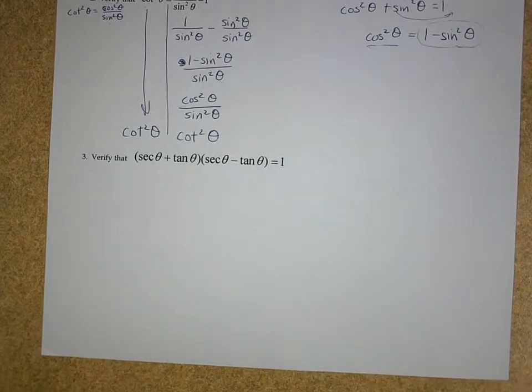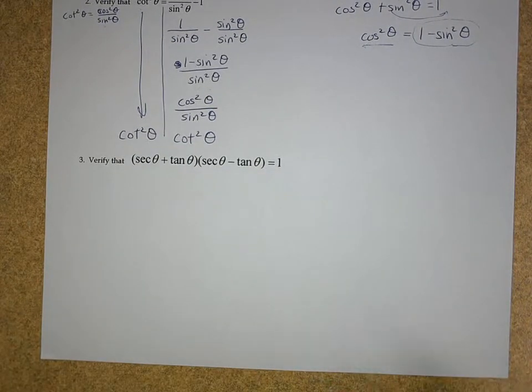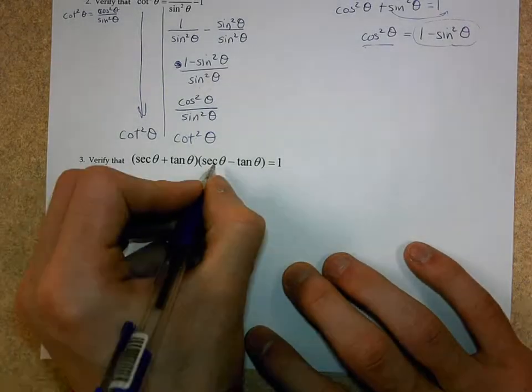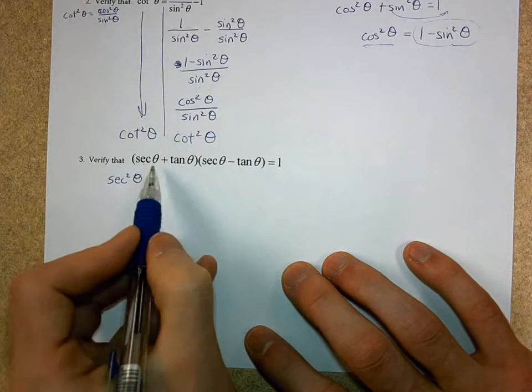The last one right here is verifying this quantity that is being multiplied. And here we've got a binomial. So probably what you're thinking of is foiling out. So let's FOIL this out. Secant of theta times secant of theta is secant squared theta.